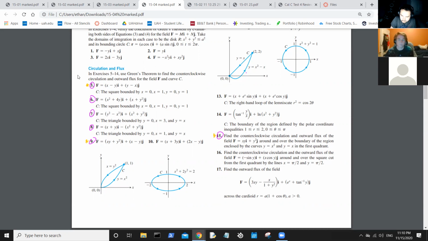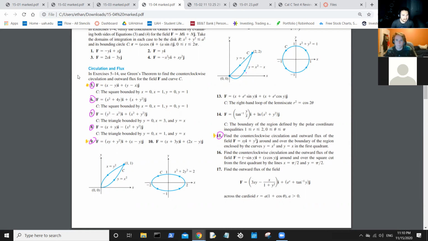So it's the double integral, the flow or circulation is partial of n with respect to x minus partial of m with respect to y, dx dy. So your i component is your m, and your j component is your n.